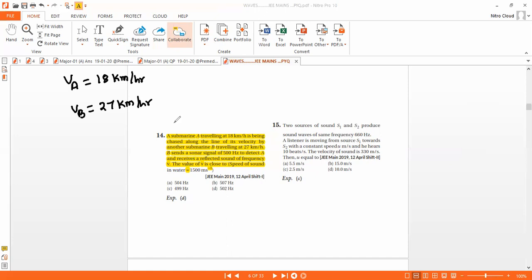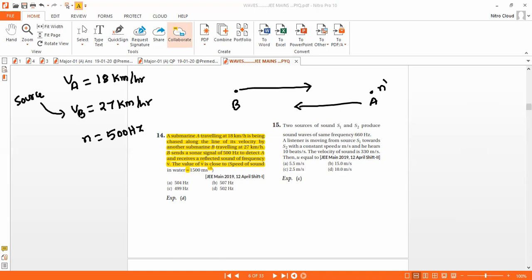B sends a sonar signal, so B is acting as the source. The frequency is 500 Hz. B is producing sound, and A reflects the sound. I'll call the received frequency n dash.